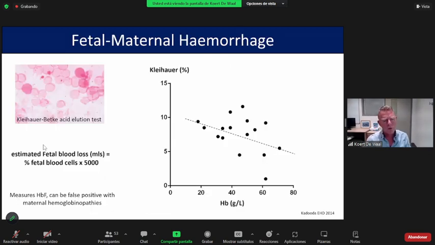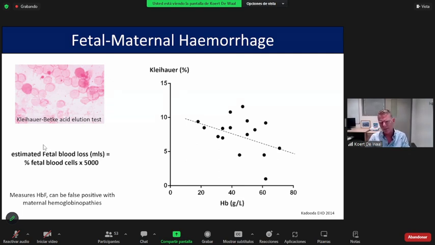The second most common cause was fetal maternal hemorrhage. This is where blood from the fetus enters through the placenta into the mom, which we can test using a Kleihauer-Betke acid dilution test, which measures hemoglobin F. And there are 3 different kinds of formulas.